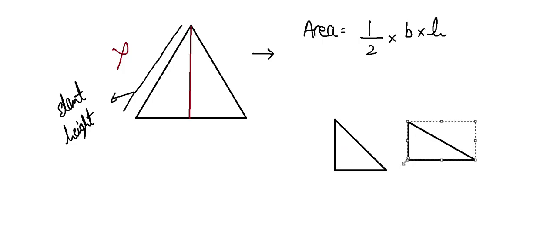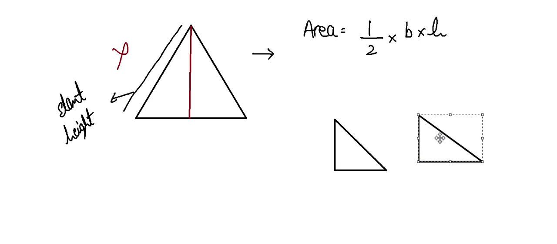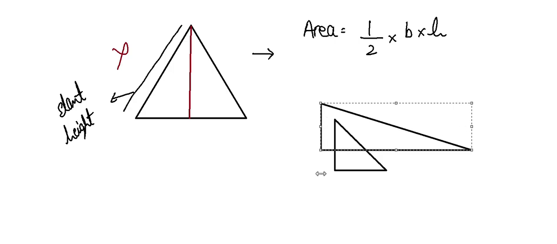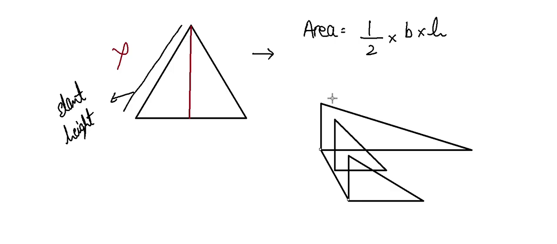Isn't this a triangle? This is also a triangle. Oops, what's this? Oh, looks like I cannot shift it to the other side. Well, that's fine. Wait, let me make a design. I mean, this is what architects do, so I can do that.